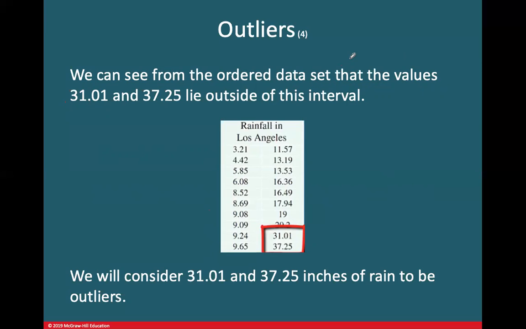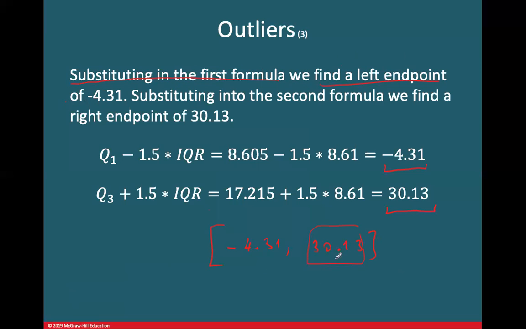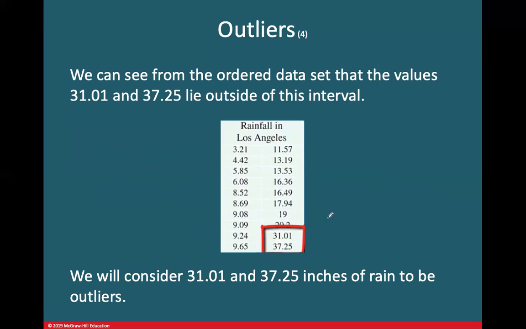Okay, so let me say X. Since in the previous slide we got the upper bound, 30.13, look at now: there are two data members in our data set, 31 and 37. We call these outliers. So when we talk about the average, we mustn't calculate these.